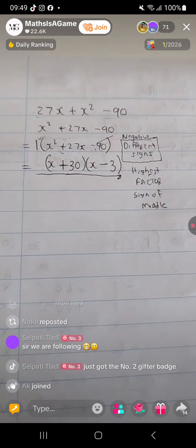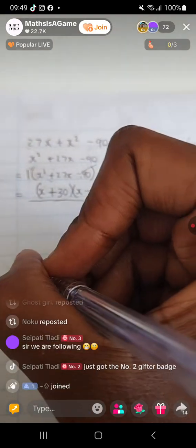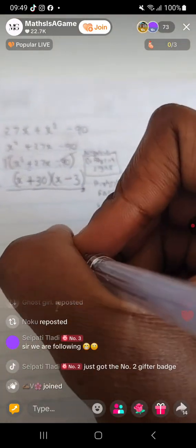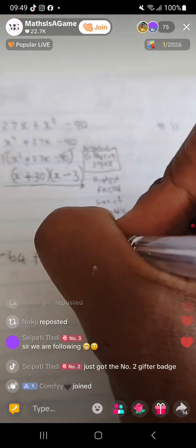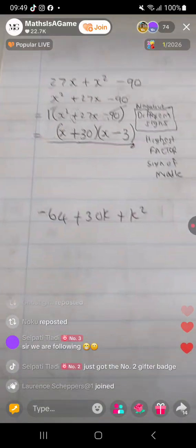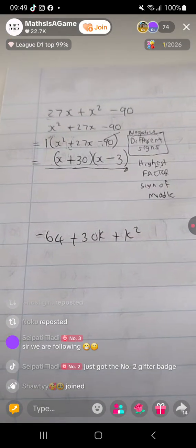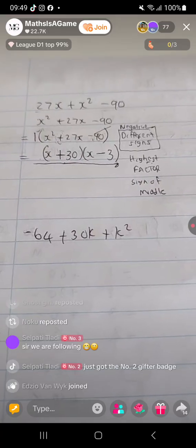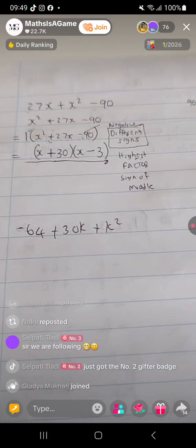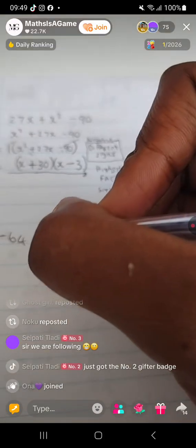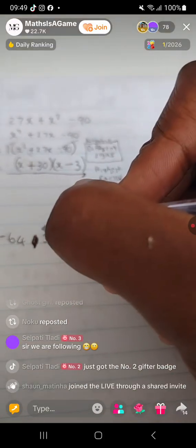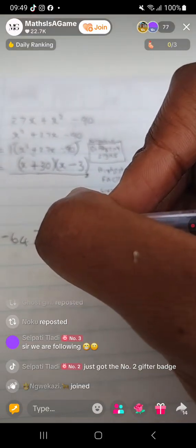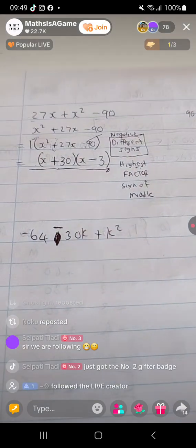Okay. Let's move on. Let's see if we can do another one where the order is wrong. Here is this one: negative 64 plus 30k plus k squared. Can I just change this positive and write negative? Right?